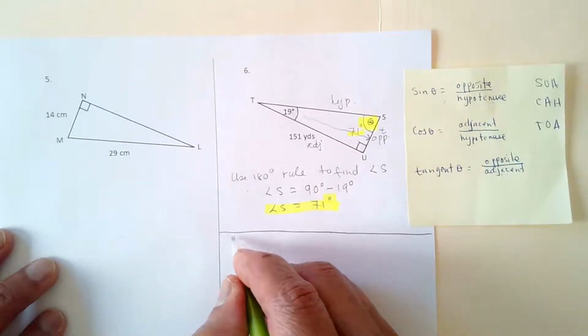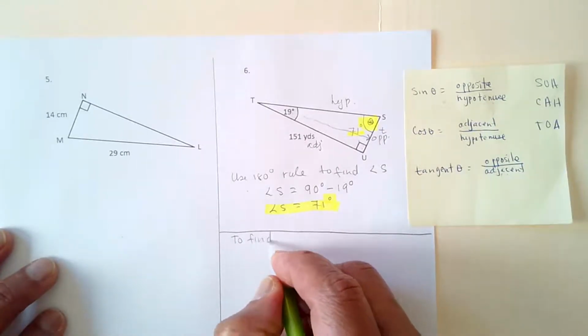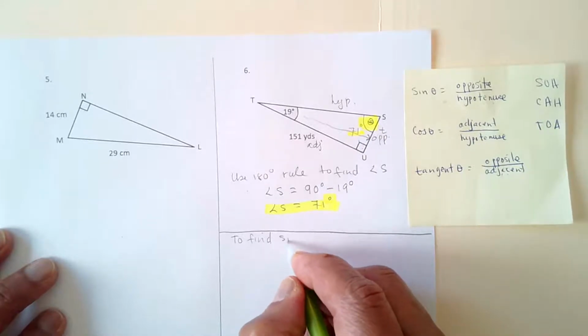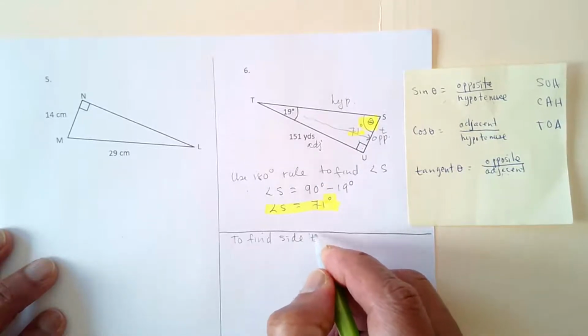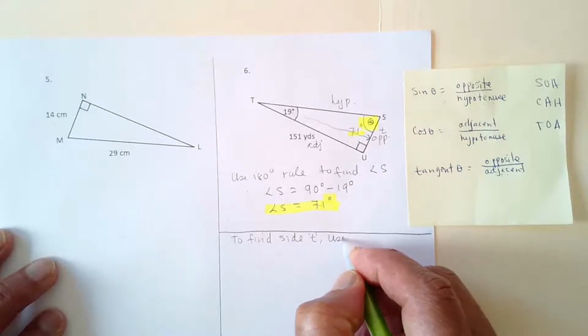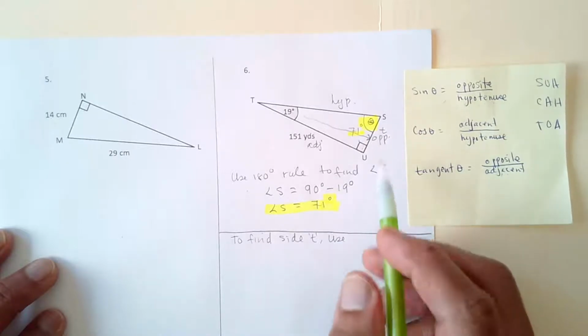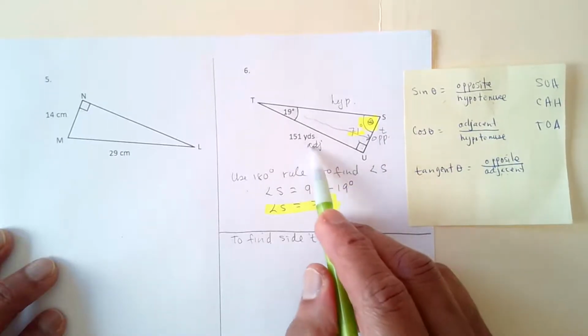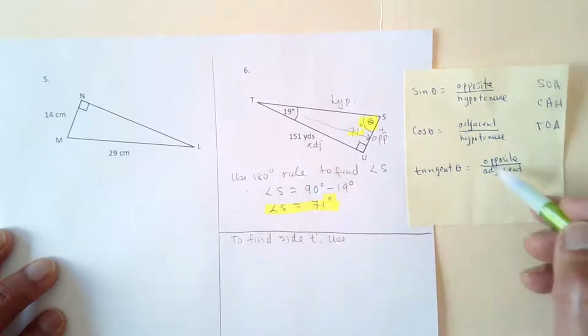So to find side T, in this case, we know opposite and adjacent, so we'll be using our tangent.